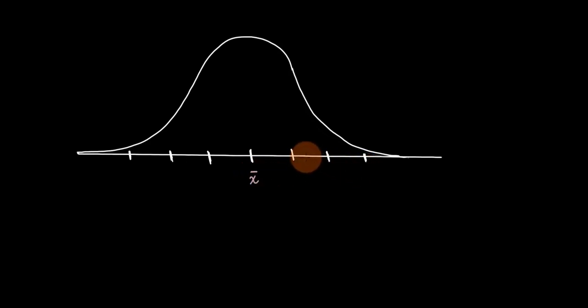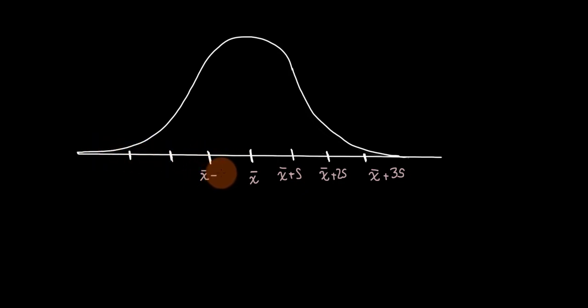And each tick mark is representing one standard deviation from the mean. So this tick mark immediately to the right will be the mean plus 1s, and then this is the mean plus 2s, and this third tick mark right there, mean plus 3s. And I'm going to follow that pattern on the left side as well.